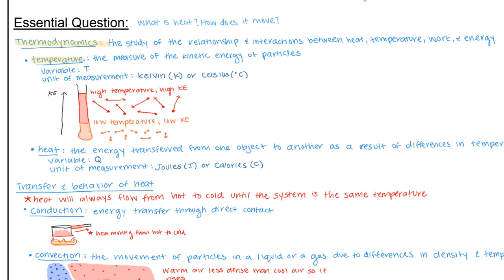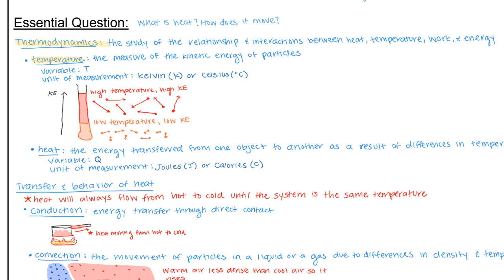As you can see, I've tried to draw a little depiction of how temperature affects the kinetic energy of the particles. I want you to imagine that you are a particle, and it's really cold outside, temperatures are low. When it's cold outside, you don't really feel like doing anything, right?